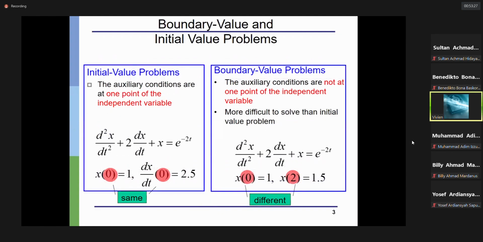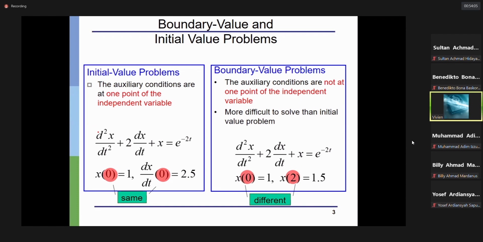Okay, so this is the example of the difference. We can see here we have exactly the same ODE, which is a second order ODE. It contains the second derivative and also the first derivative in the equation. The left and the right here are exactly the same equations, but we see that the treatment is different. On the left, we have the initial value problem, in which the auxiliary condition is given at the same point, which is at t equals 0.